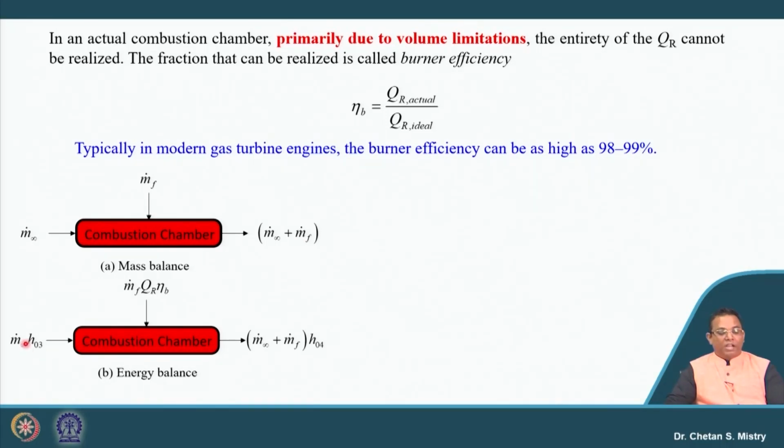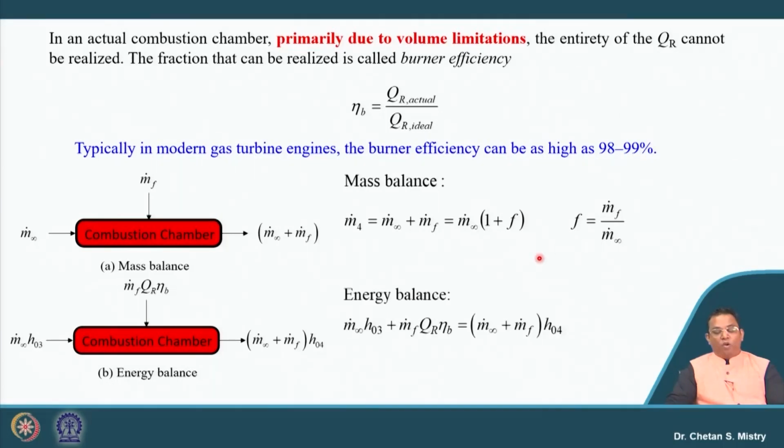If I consider the enthalpy at the entry as H03, here QR represents the lower calorific value of the fuel, and this represents my efficiency, and at the exit I will have the rise of temperature T04, which is a higher enthalpy, H04. So, let me put the balance here. My mass balance is given by M infinity plus MF, which is M infinity into 1 plus F. This F is defined as the fuel air ratio.